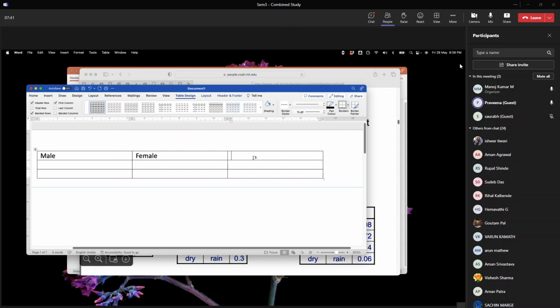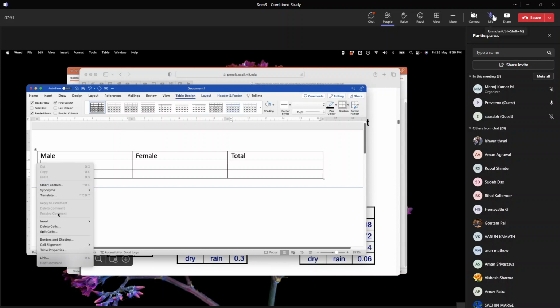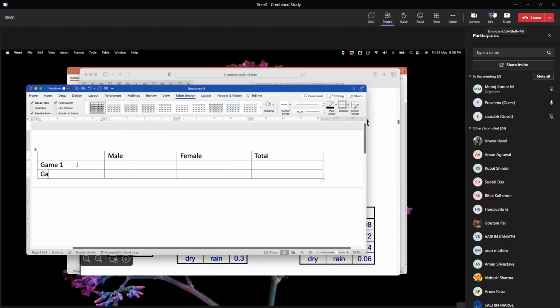And on this side, let us say we have gain one, gain two, and here I will have the total again.